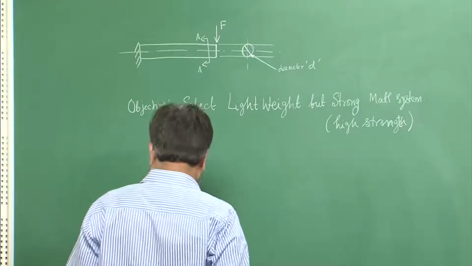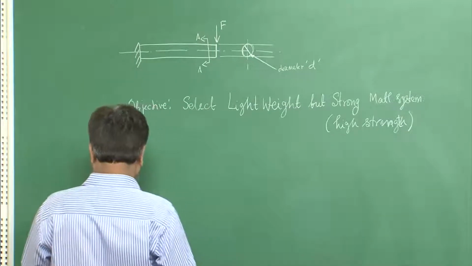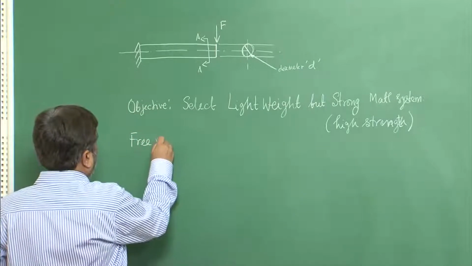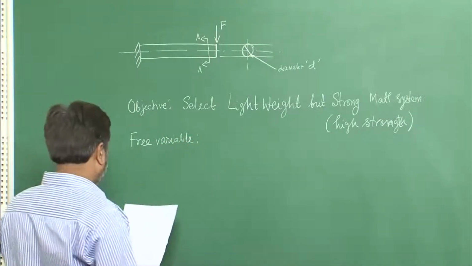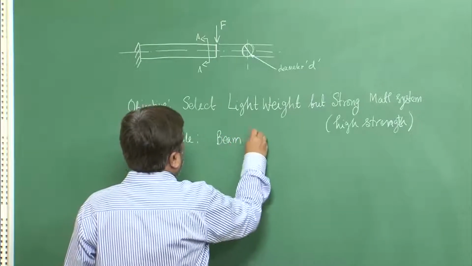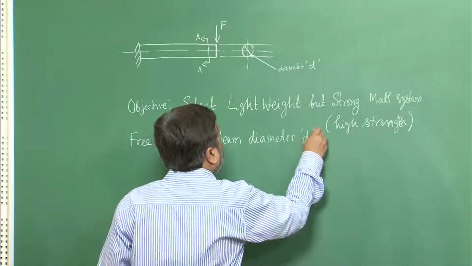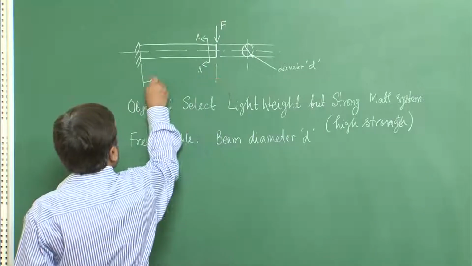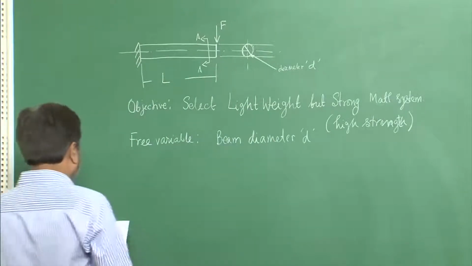Keep in mind that in this case the free variable, as usual, is the beam diameter D. The length of the beam we cannot touch, that is of length L. And what is our constraint then?